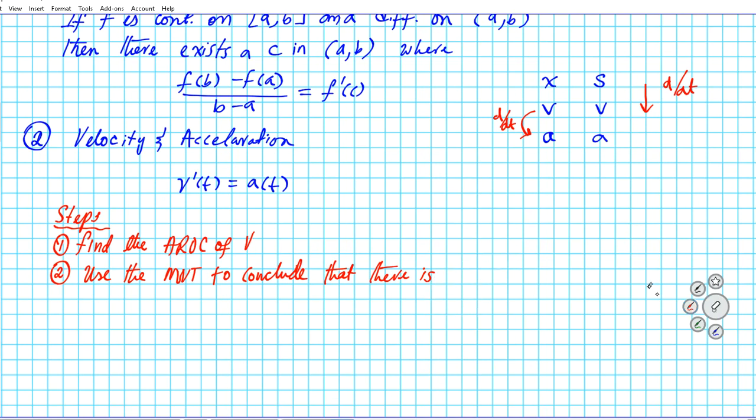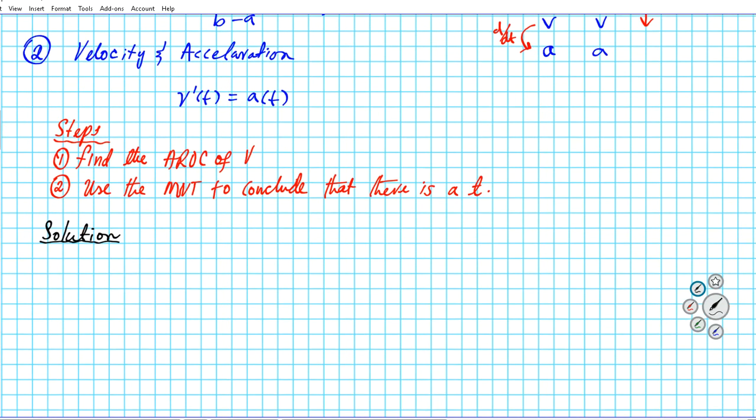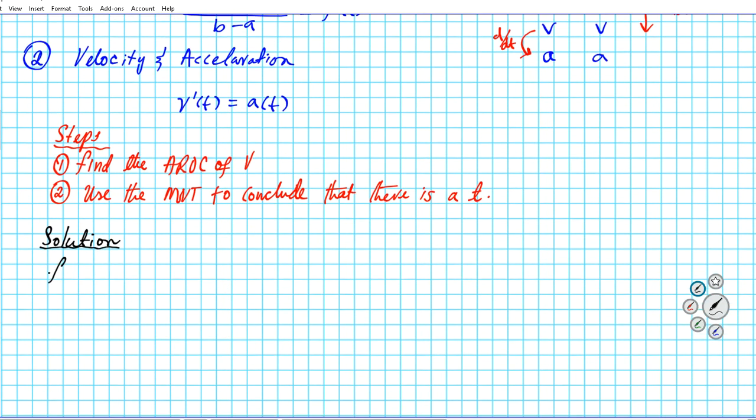We're going to start with the first part, which is to find the average rate of change of the velocity function on the interval 0.3 to 2.8.